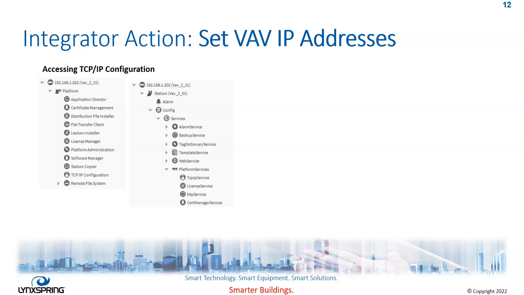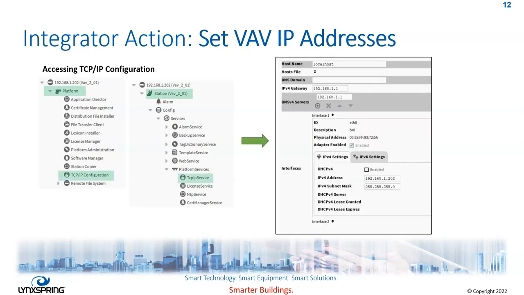Under the services container, there's the platform services folder where we have the TCP/IP service. Both of these lead to the same outcome. We're able to set the IP address of the controller this way.